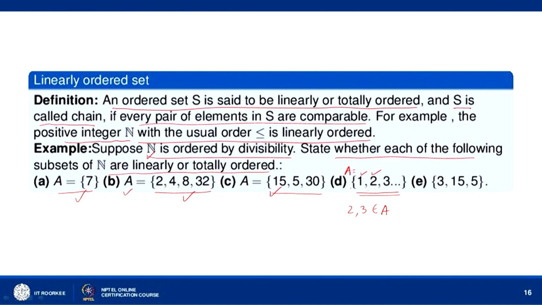So, this A is not linearly or totally ordered. If you take {3, 15, 5}, this is also not linearly or totally ordered, because when we take 3 and 5, neither 3 divides 5 nor 5 divides 3. So, this set and this set are not totally or linearly ordered.